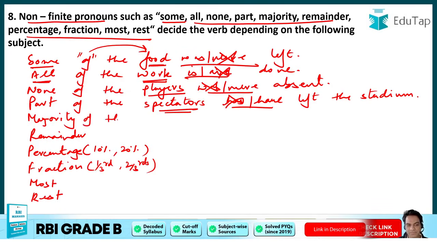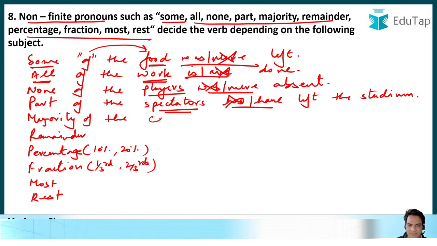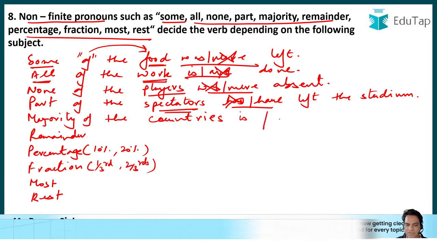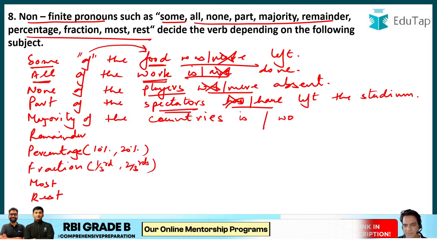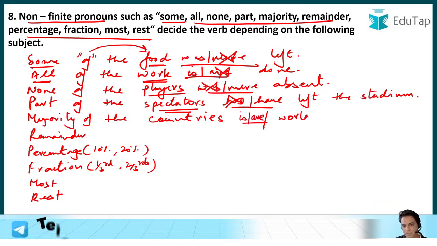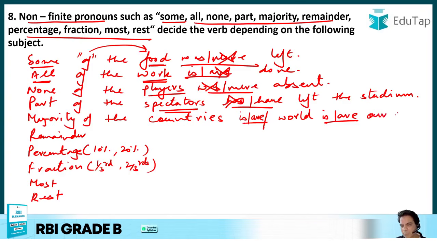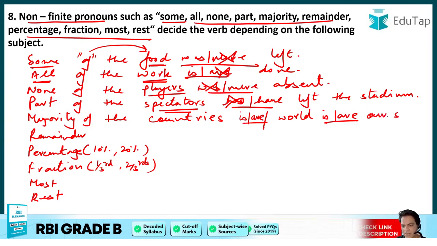Majority of the countries. Now, if I say countries, what do we use, is or are? And if I say majority of the world, now what do we use, is or are, on our side?